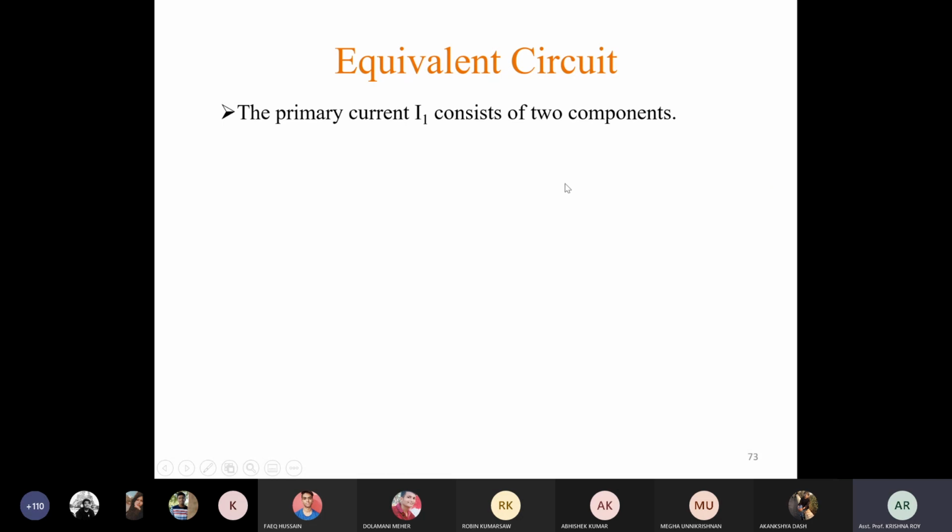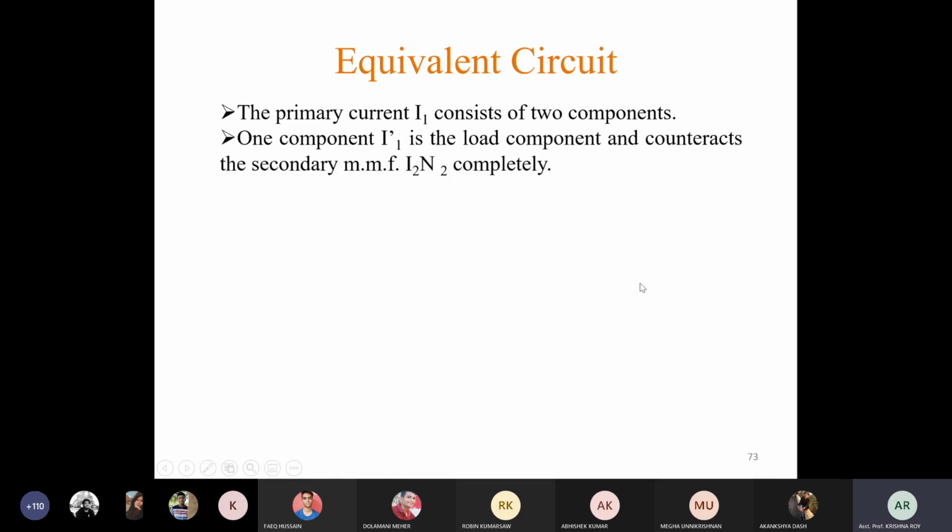So here the descriptions are given. The primary current has two components. One is I1 dash, which counteracts the secondary load current. So I2 N2 is equal to I1 dash N1. This is the load component of primary current I1.